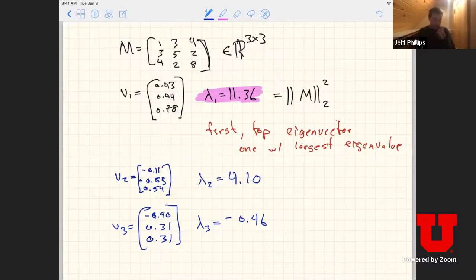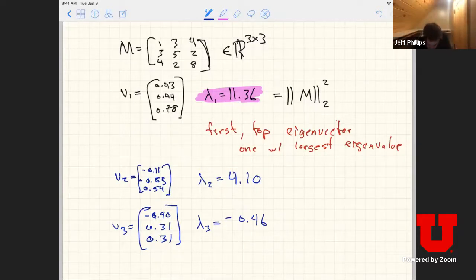When this happens, it's kind of strange to interpret what's going on. So in this class, other than this example, we're only going to work with matrices that have all positive, or at least all non-negative and real, eigenvalues.